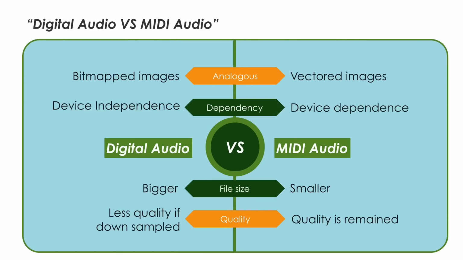Of course, the digital audio is bigger in size, and Midi audio has the smaller size. Okay, about the quality, the quality is less if downsampled. If you downsample the digital audio, then the quality will be less. But if we stretch out or stretch in the Midi audio, the quality of Midi audio still remains.